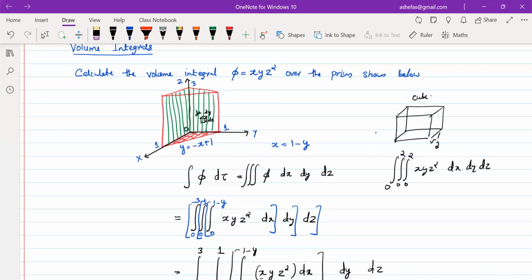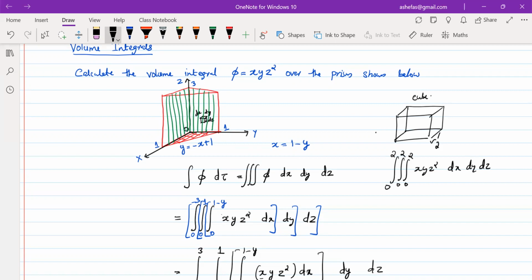So there is no need to connect the limit with the other variables. All the variables vary independently from 0 to 2 in the case of a cube, or even if you take a box. But for a prism, that is not the case. Here the limits of x and y are interconnected.